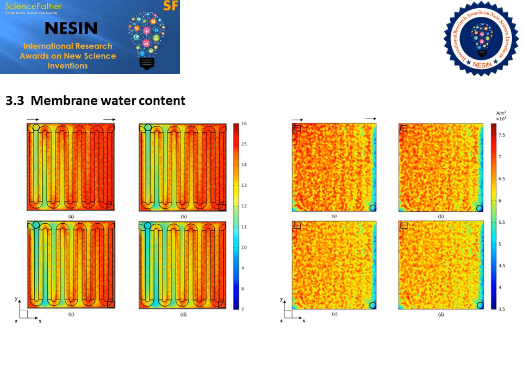Meanwhile, this is the membrane current density contour plot of the four TCR conditions at a cell operating temperature of 353 Kelvin and output cell voltage of 0.6 volts.